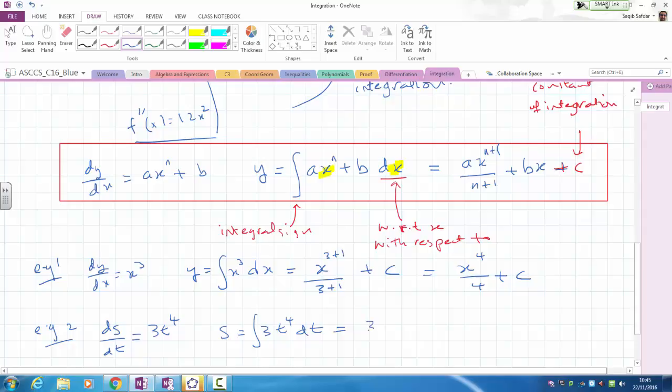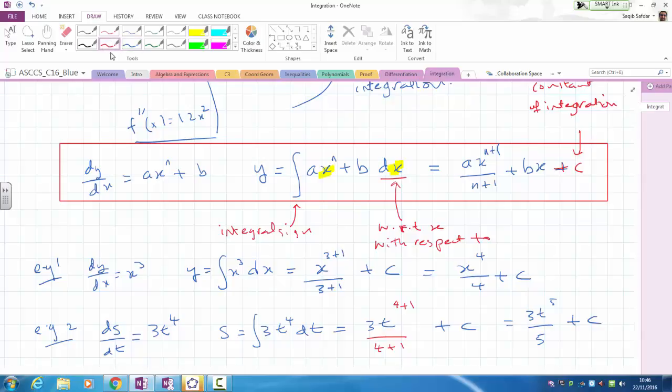This time we raise the power by 1. In fact, let me show the method marks. So I'm doing 4 plus 1, divided by the raised power, and then plus some constant c. And that gives us 3t to the power 5 divided by 5 plus my constant c.